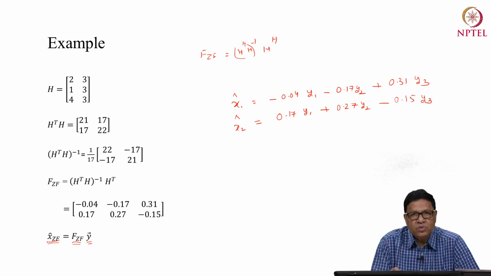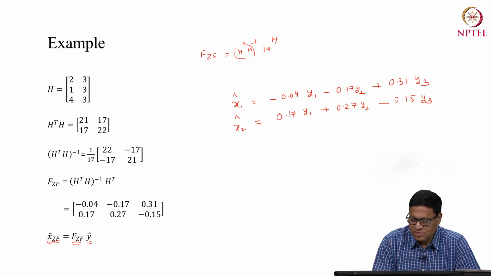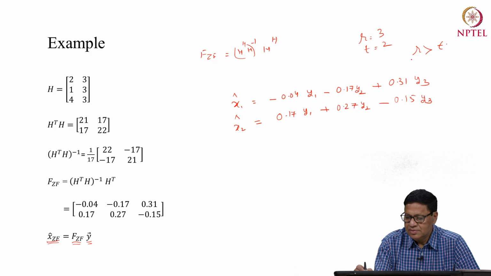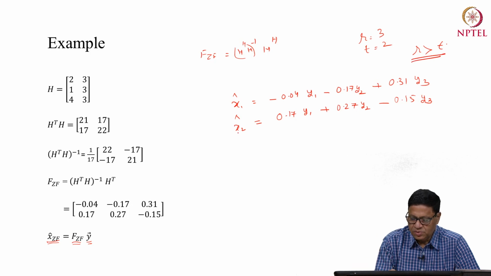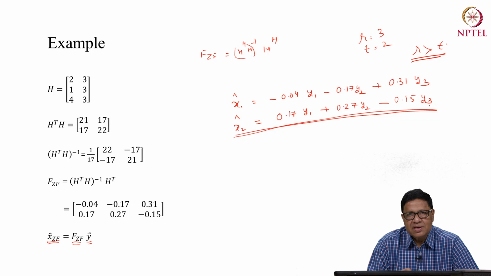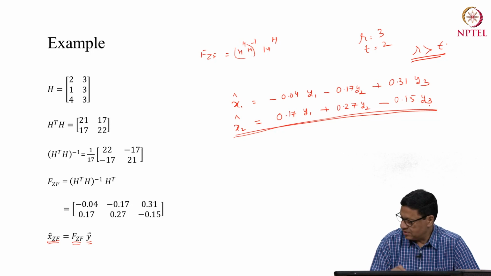So there are 2 inputs and 3 outputs, so R is equal to 3 and T is equal to 2, which is a case of R greater than T. So these are the estimate values of X1 and X2 for a case where the number of transmitting and receiving antennas are not the same.